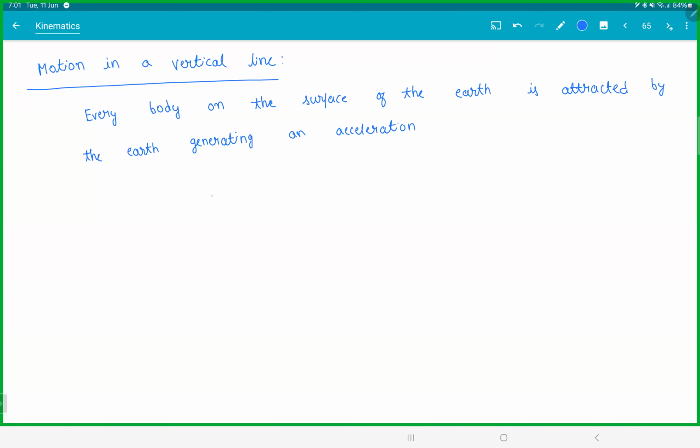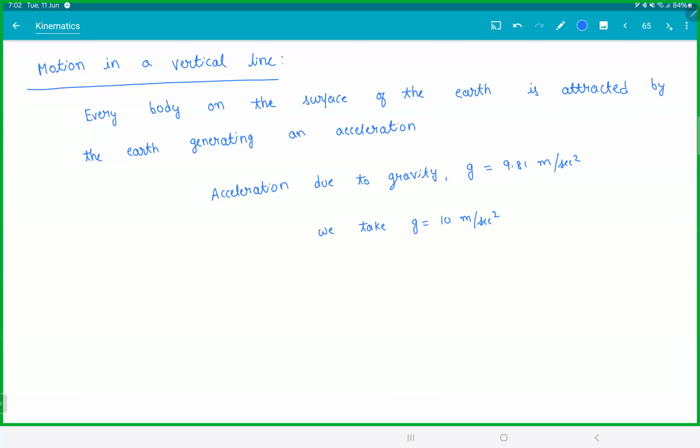This acceleration due to gravity we represent with small g. This value is around 9.81 meter per second square. But for convenience, we take g is equal to 10. So in our problems, at least when nothing is mentioned, you can take g as 10.